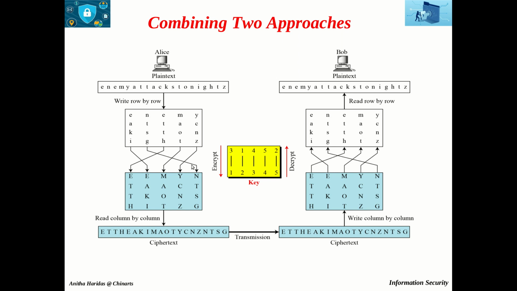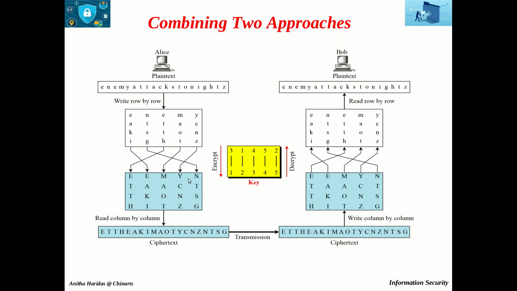The third character becomes the first character, the fourth character becomes the third character, and the fifth character becomes the fourth character. So that is how each row has been reordered. This is the permutation key agreed between the two parties. Based on that, the second step does the reordering of the columns.